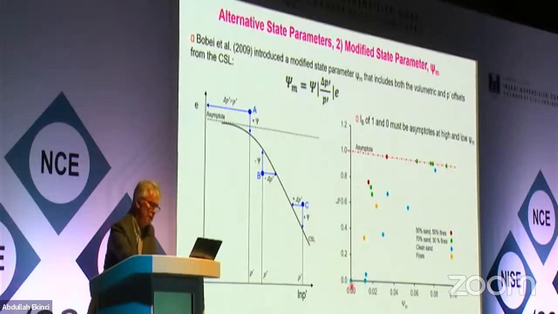So if I look at the data for the blue, the clean sand, well, it's a bit scattered, but I can imagine sketching in some sort of curve like that. But even if I do, it's completely inappropriate for the other mixtures: the 50-50 sand fines, 70-30 sand fines, or the yellow, which is the pure fines.